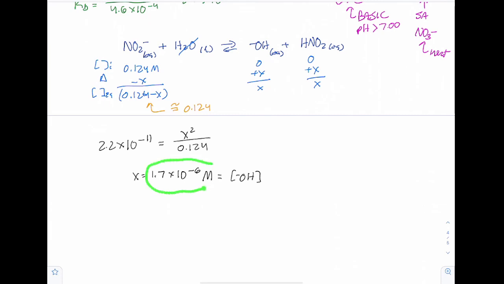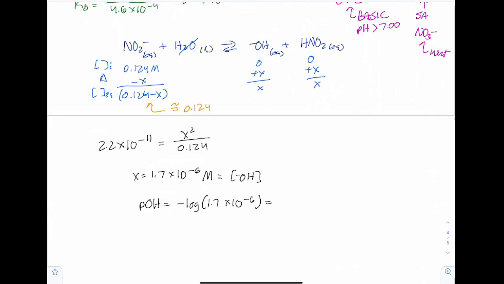So you can divide this into 1 times 10 to the negative 14th to solve for hydronium ion concentration, and then take the negative log of that number to get your pH. Alternatively, you can calculate your pOH, which is how I'm going to do it. So I'm going to take the negative log of this number and I am keeping it in my calculator from the previous step.